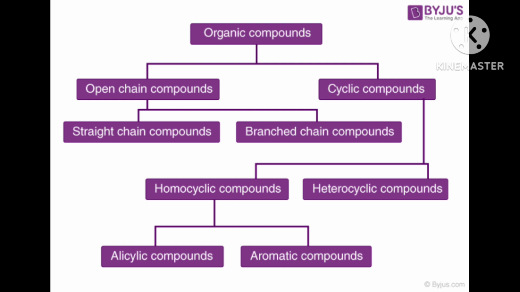What does this circle mean? Because alternate double and single bonds are there, these bonds are moving. Where a double bond was there, after some time it will be a single bond, and where a single bond was there, that will become a double bond. This will always be rotating.